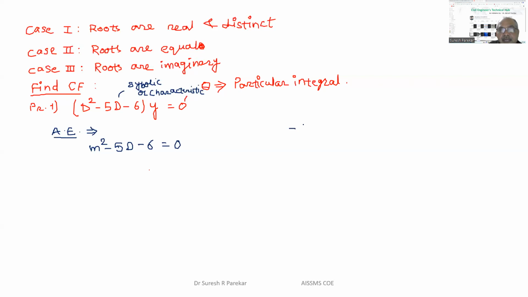We have minus 6, so we have to find the roots in such a fashion: the product should be minus 6 and the sum should be minus 5. So we take minus 6 and plus 1. From this, minus 6 into 1 is minus 6, and minus 6 plus 1 is minus 5.